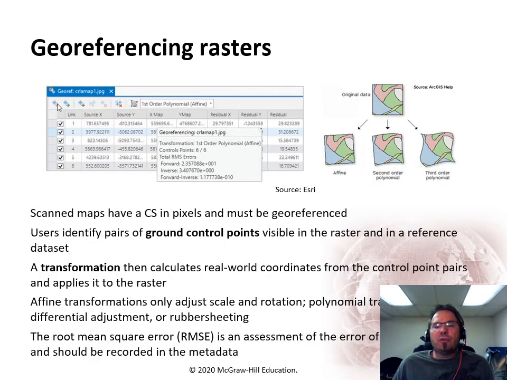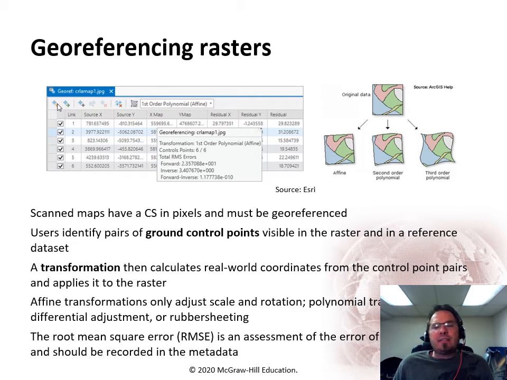Sometimes what you'd like to do is take some random image, let's say from the internet, and bring it into GIS world. And you can do that with what's called georeferencing rasters. What this allows you to do is take an image and, using control points, do what the old term calls rubber sheeting. You can stretch this random, let's say JPEG image, to give it real world coordinates and bring it into your GIS.